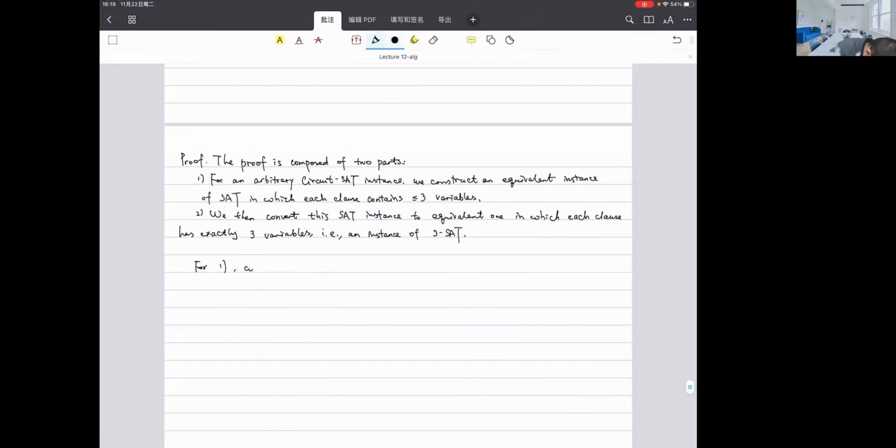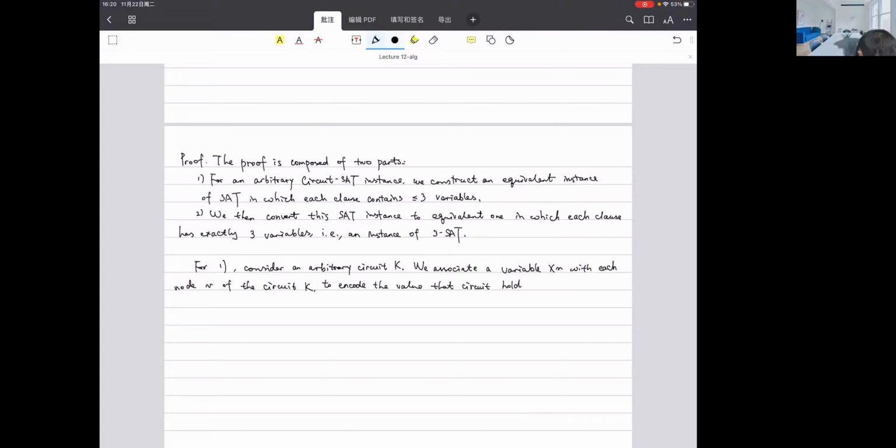So for the first part, we just consider an arbitrary circuit K. What we do is that we associate a variable xv with each node in this circuit K. Formally speaking, this is just to encode the value that the circuit holds at that node.